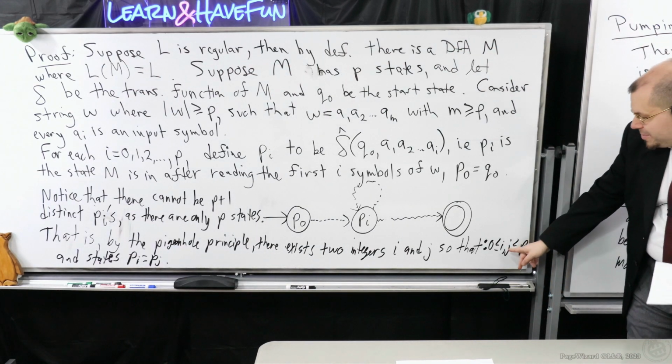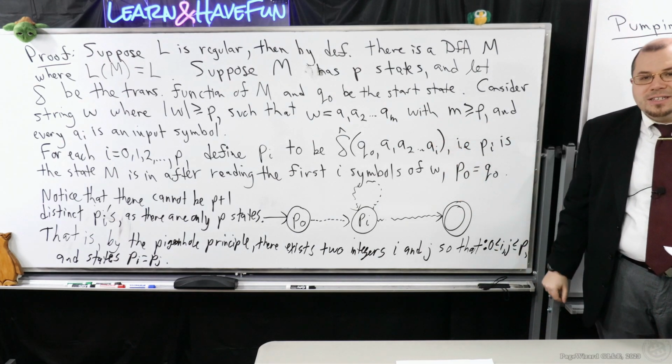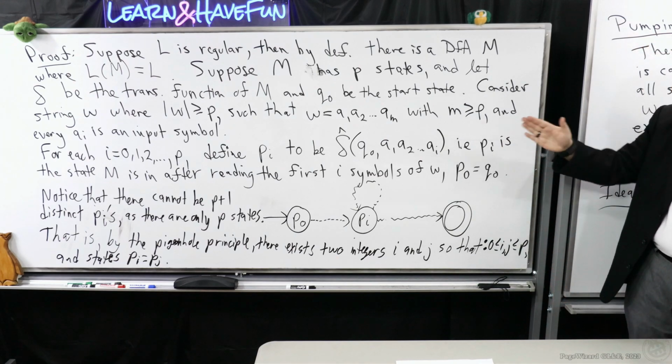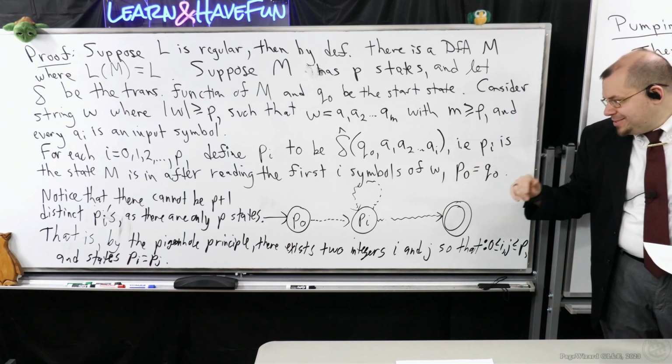So somewhere in between 0 and p, because of the way we defined each of these Pi's, they're going to be along the walk that we take to get to the final state, just like we have here.